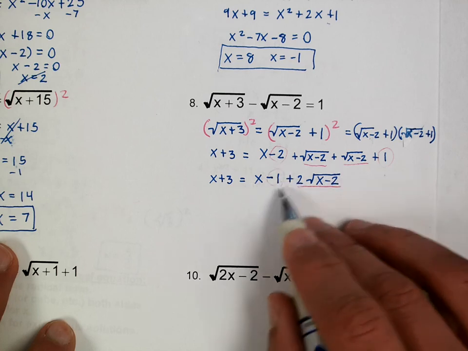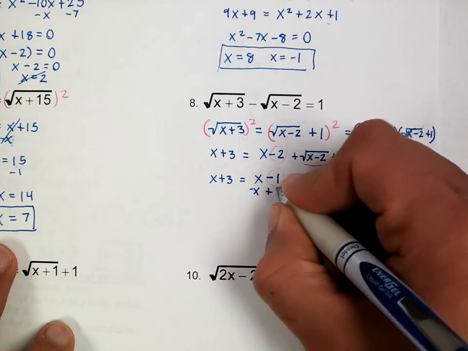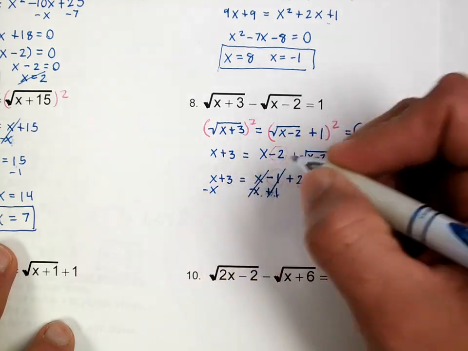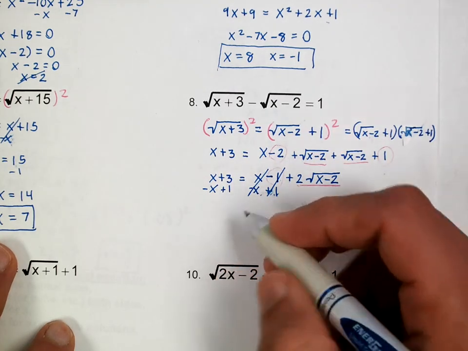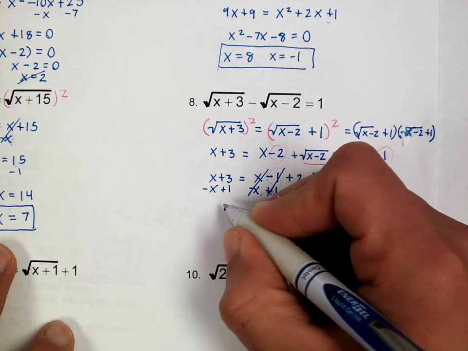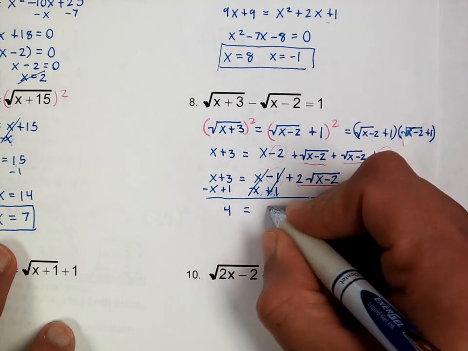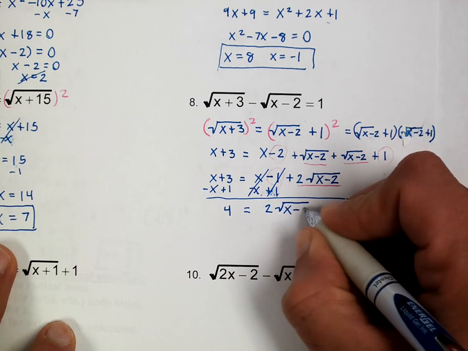So I'm going to add or subtract both of these to this side. I'm going to subtract x, add 1. Bye-bye, negative x. I'm going to add a 1. Notice that, luckily for us, those x's cancel. So we end up with 4 is equal to 2 square roots of x minus 2.